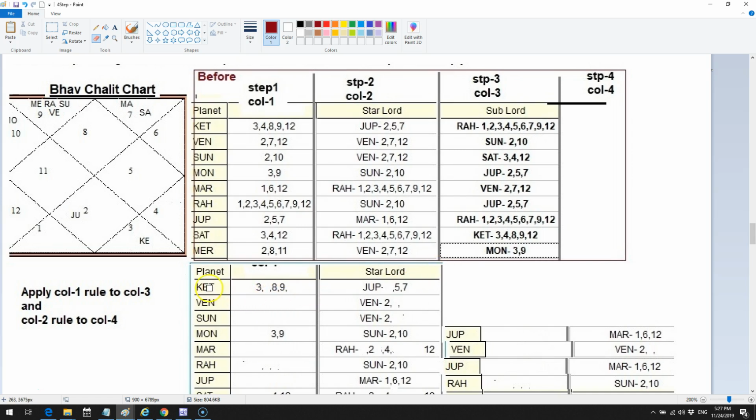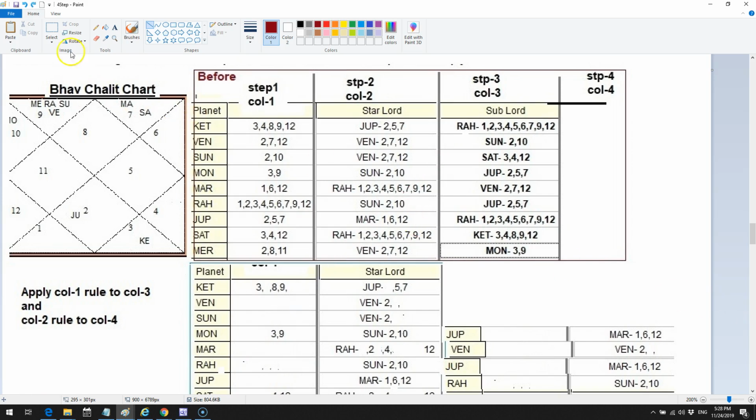So for Ketu, what is the sublord? Sublord is Rahu. So what you will do is look at where Rahu is. Rahu is over here.